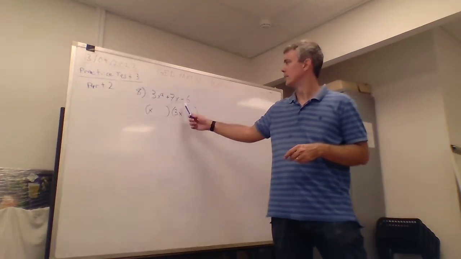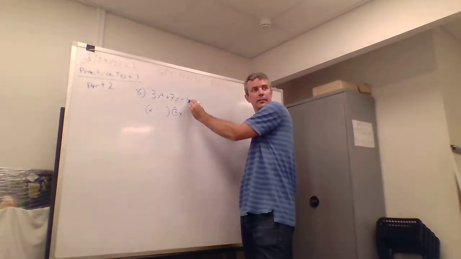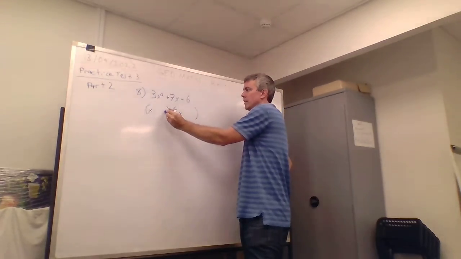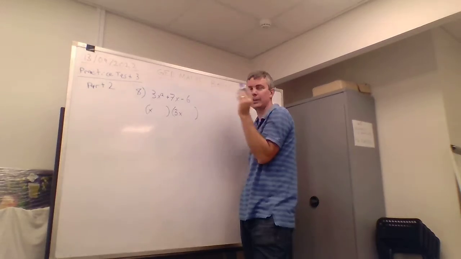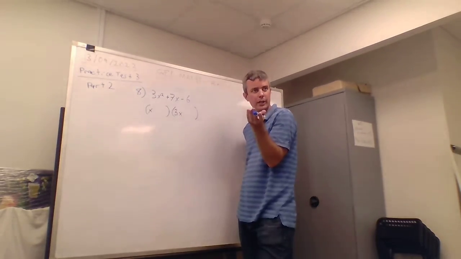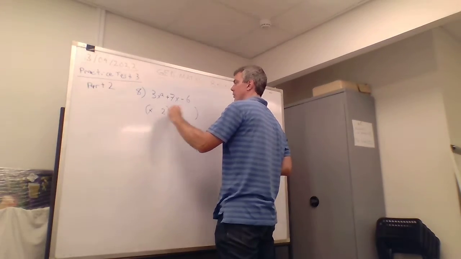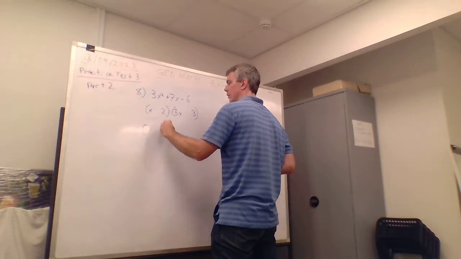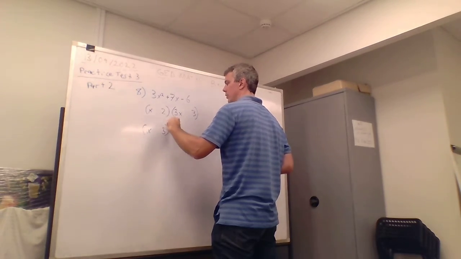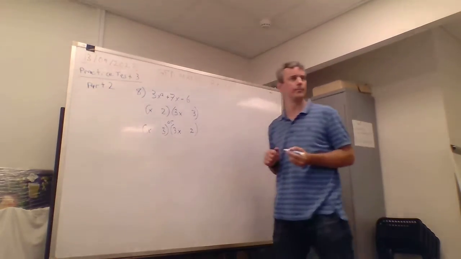But if we look here, now we need to think, okay, 6, right? So this times this equals 6. So it's either 6 and 1 or 2 and 3, right? So it's either 2 and 3 here, or 3 and 2, right?